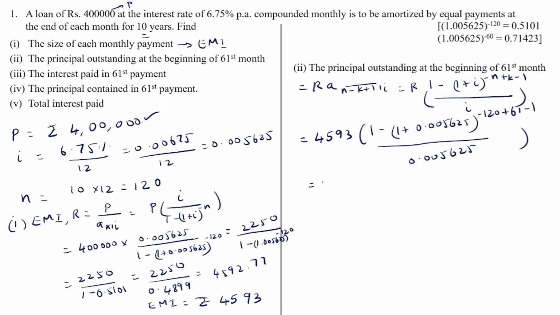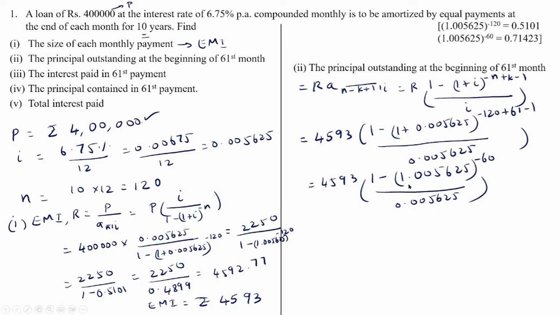So this is equal to 4593 into 1 minus 1.005625 the whole raised to, here we have minus 120 plus 60, so it is raised to minus 60, upon 0.005625.